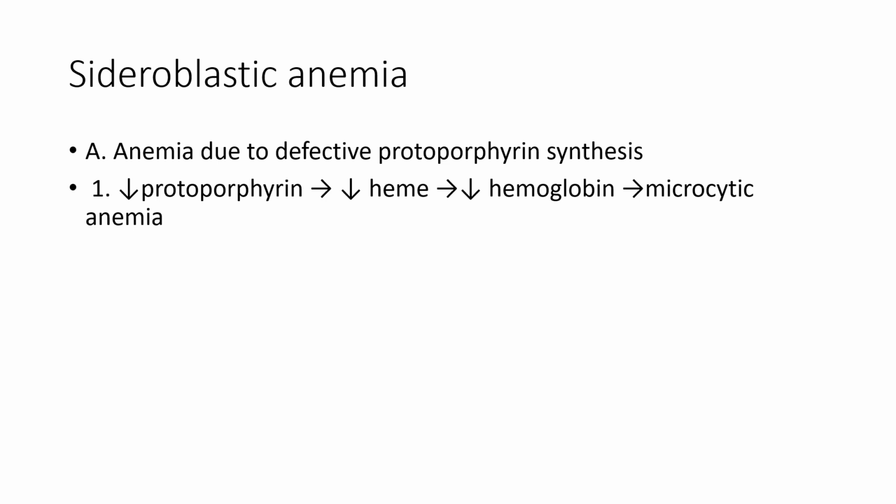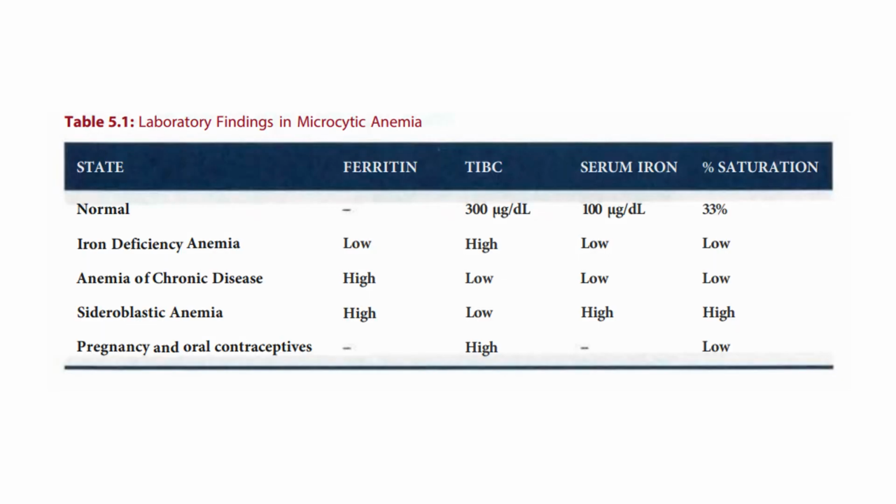In this anemia there is a decreased production of protoporphyrin rings, so it will cause decreased heme, and consequently decreased hemoglobin, and will cause a microcytic anemia. This slide shows the laboratory findings and iron studies in microcytic anemia. So pause and review the table.